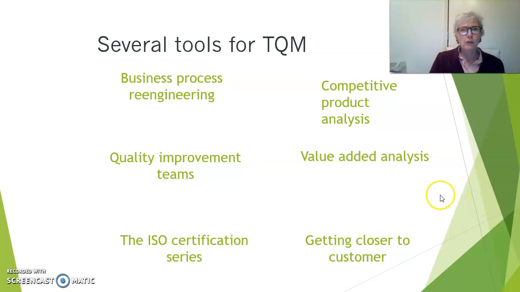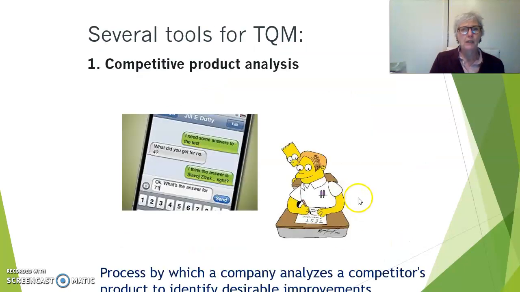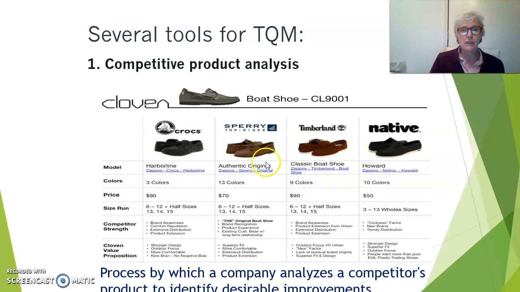So we've got several tools for quality management. Let's have a look at them. First one is a competitive product analysis. A competitive product analysis is like, in this case, an analysis of the producer of shoes.